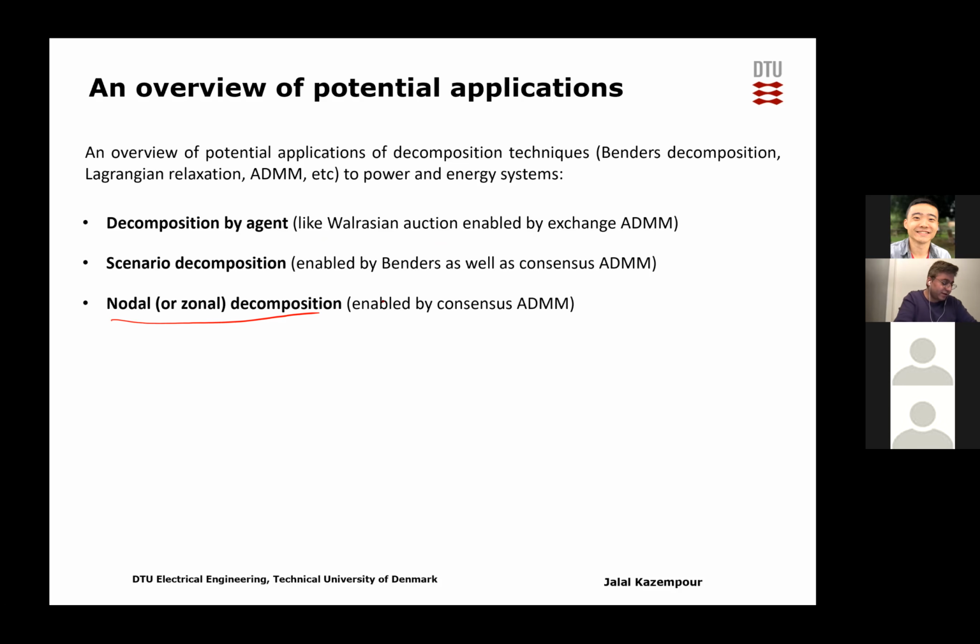Then you can think of nodal or even zonal decomposition. You don't need to necessarily decompose by node. Also, you can decompose by a set of nodes, like a zone or area. The day-ahead market clearing in Europe is based on zonal market clearing, and usually each zone refers to a country. So you can even decompose your model by zone. How can we do that? It's by consensus ADM.